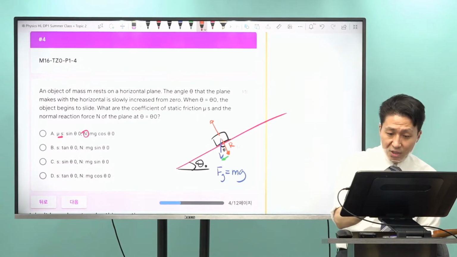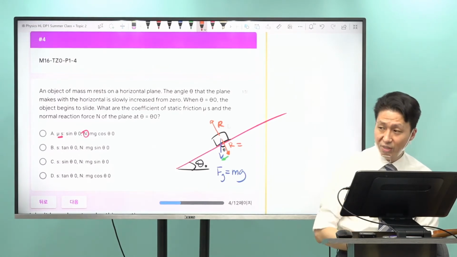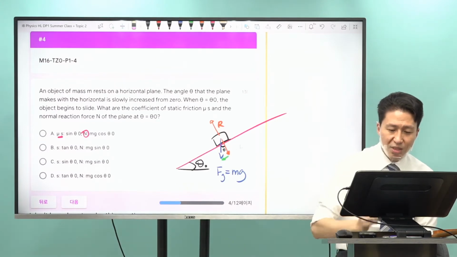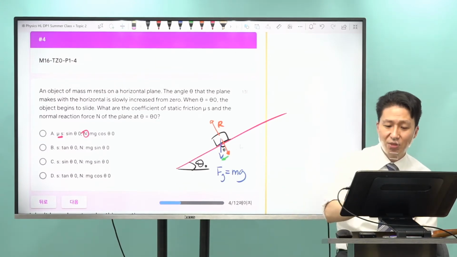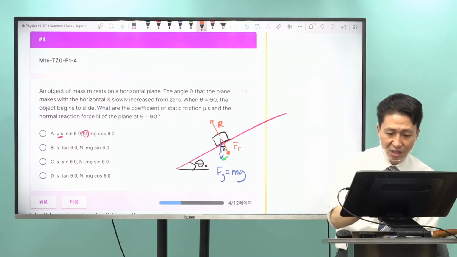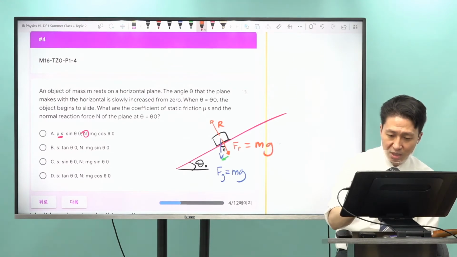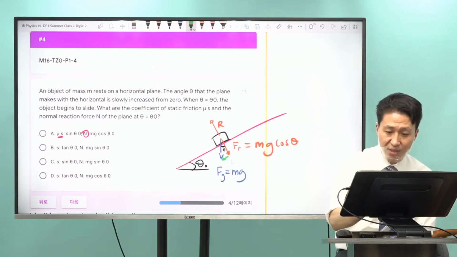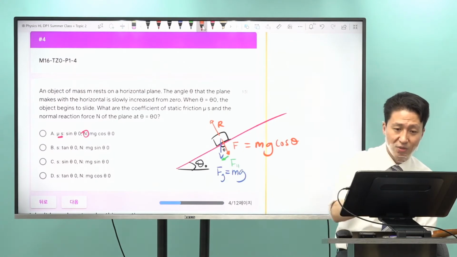Therefore, this R, which is also going to be the reaction force here, let's not change the convention. Let's put this as the force that is perpendicular, so FP, perpendicular to the surface, and this is going to be mg cos theta, right? The force that is parallel in green, let's make these signs parallel and perpendicular, like so.